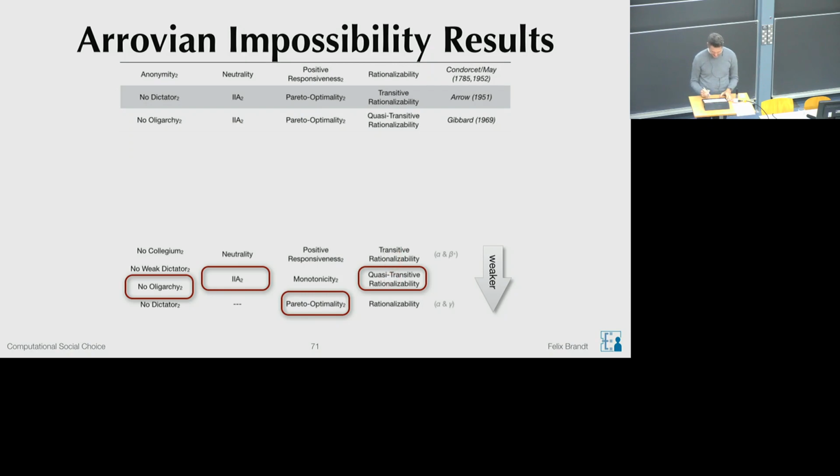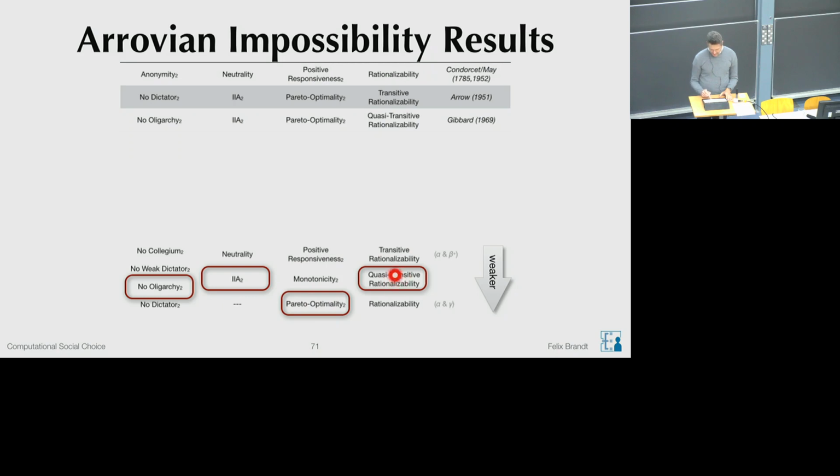If we move down here, then we have to move up here, and then it can be shown that there is an oligarchy. So this is sometimes also called the oligarchy theorem because it was proved by Gibbard, but also by a couple of other authors as well. And I think that's the T exercise for the upcoming sheet. You don't need to be able to prove it by yourself, but it's a similar proof to the one for the Arrow theorem.